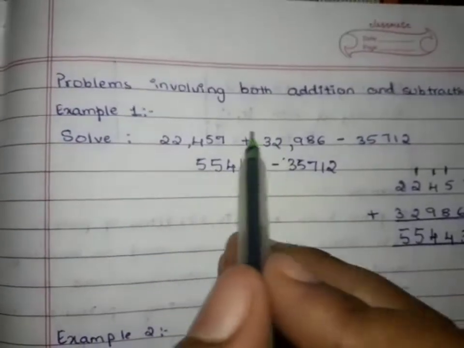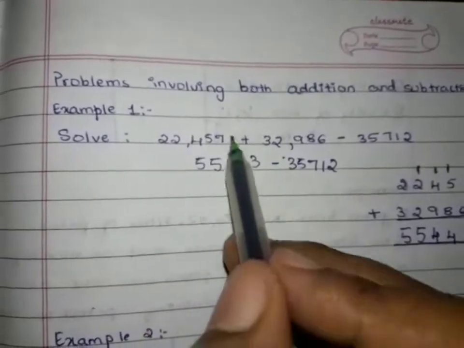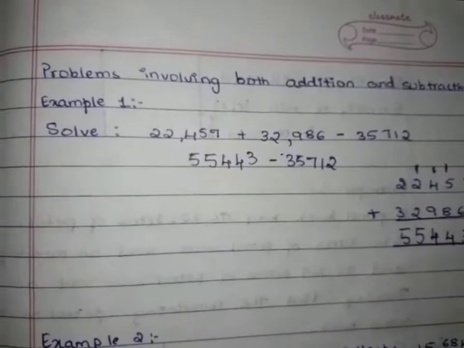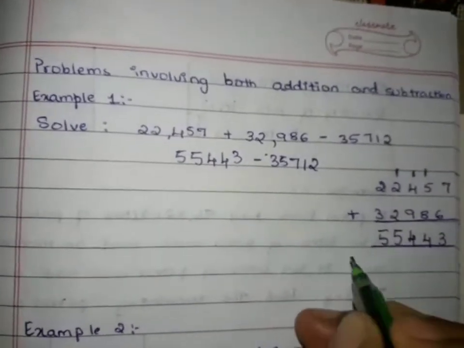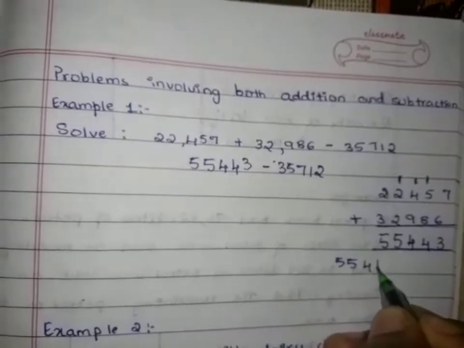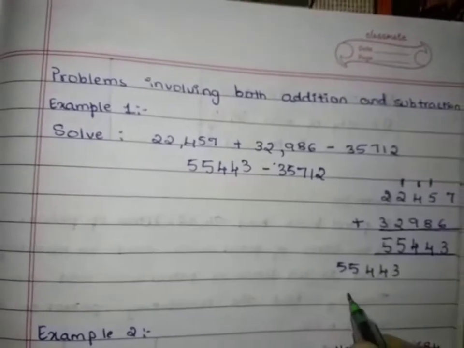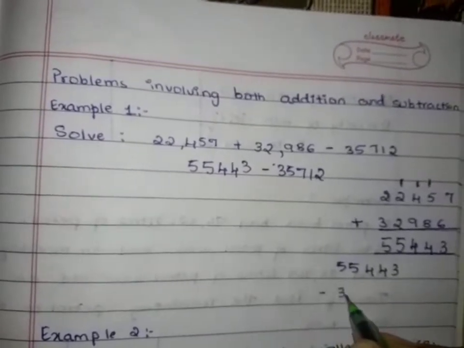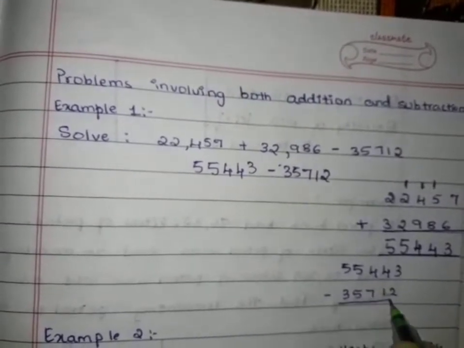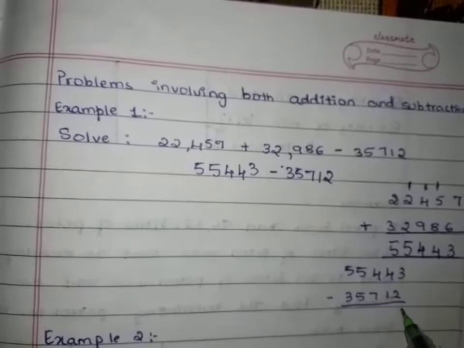We should add the given numbers. Then with the sum, we have to subtract the remaining number. Okay. Now let us subtract the given numbers. That is 55,443 minus 35,712.